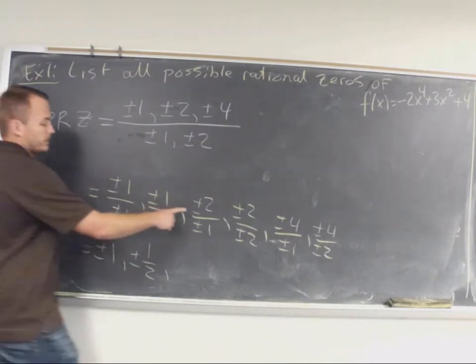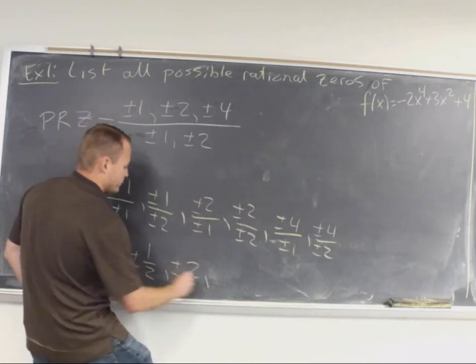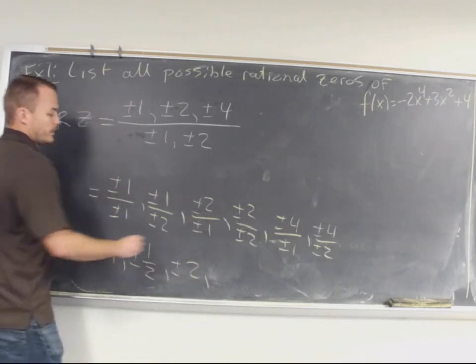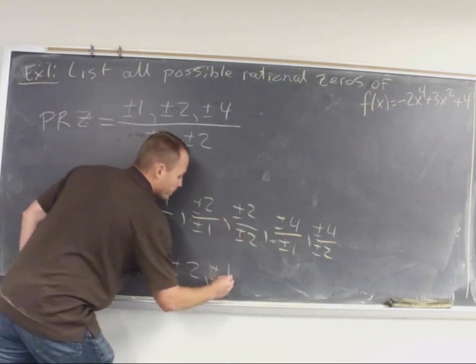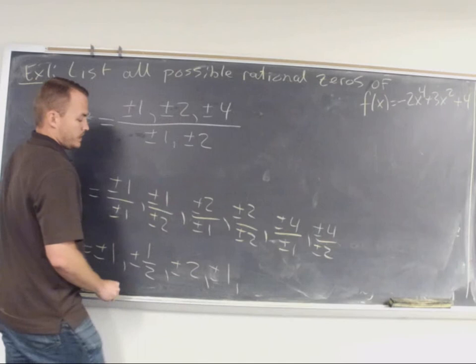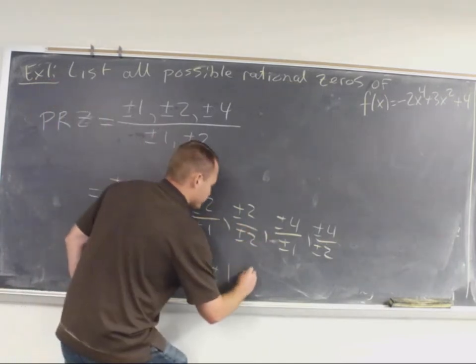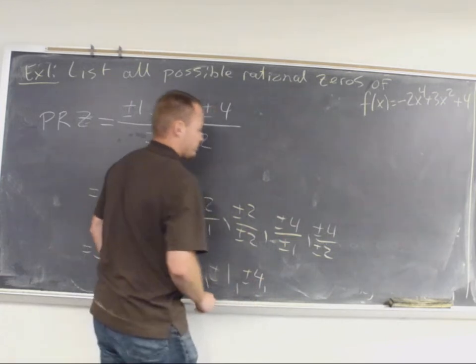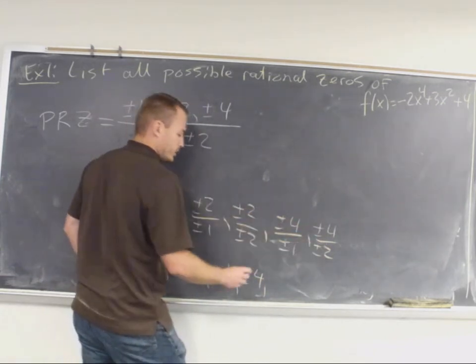And then plus or minus, 2 divided by 1 is 2. And then plus or minus 2 divided by 2, which is 1. And then 4 divided by 1 is 4. And then 4 divided by 2 is 2.